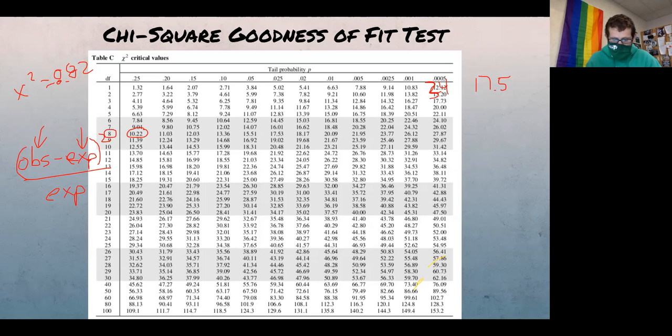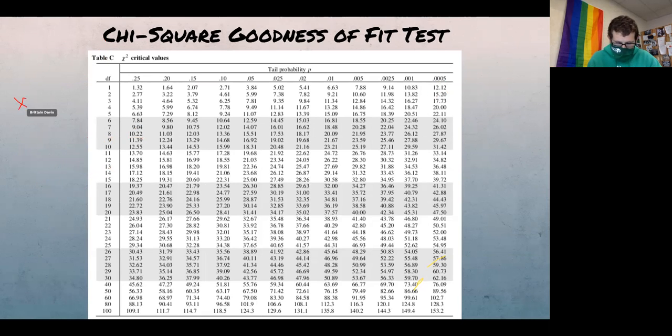So it would make our chi-square value even bigger. Is this making sense mathematically? Okay, I just want to make sure it's clear. If the observed values are far different from the expected values, you're going to get a bigger chi-square. That's the takeaway.